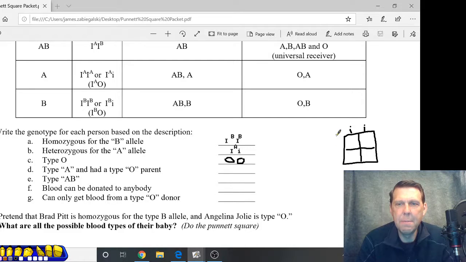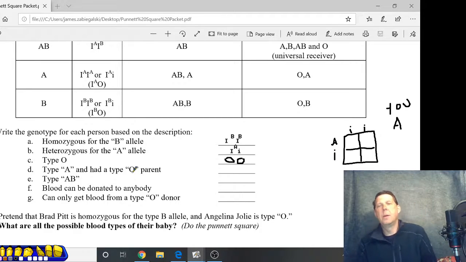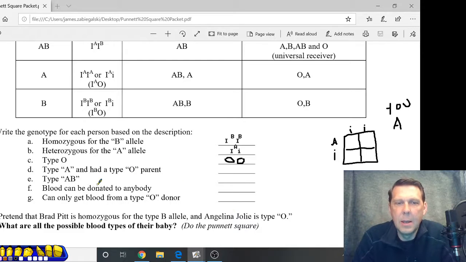Because if he only had B's or O, you couldn't be a type A. Somehow you are a type A, so dad had to have some A in him. So what if dad was A i?